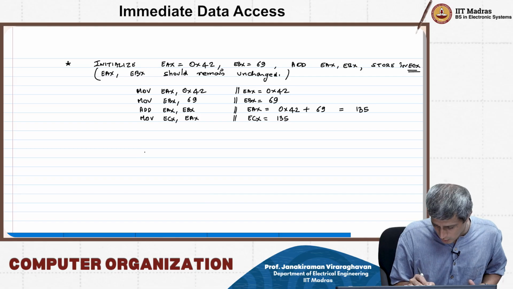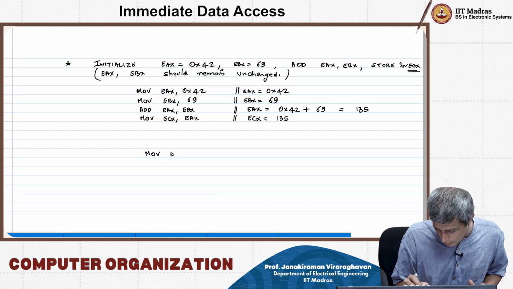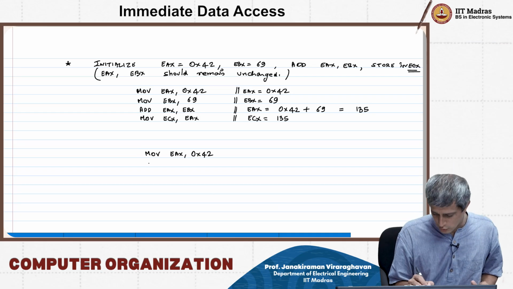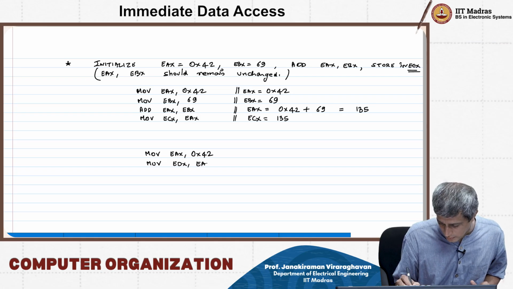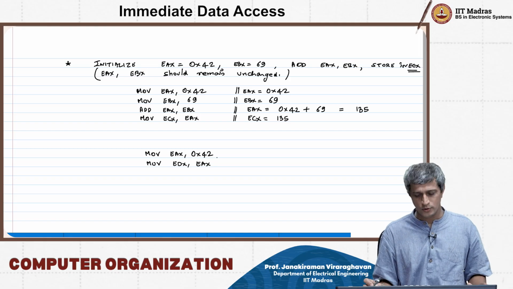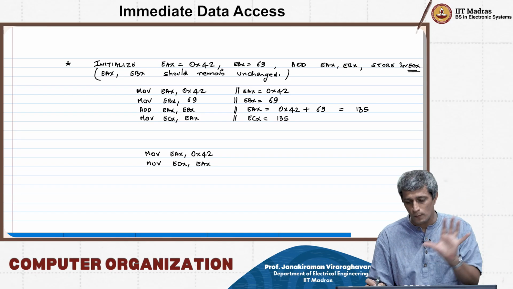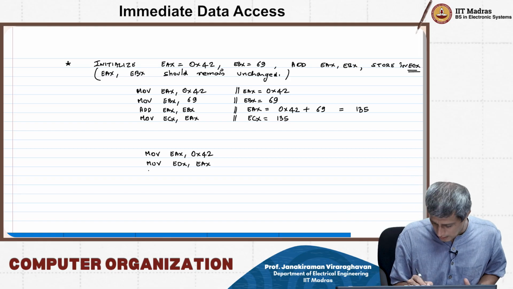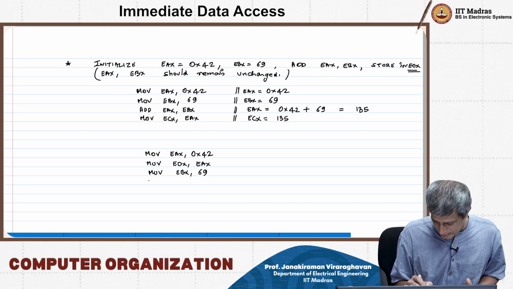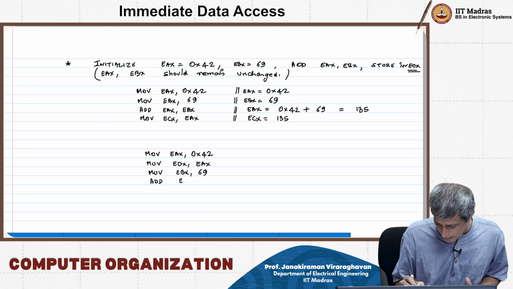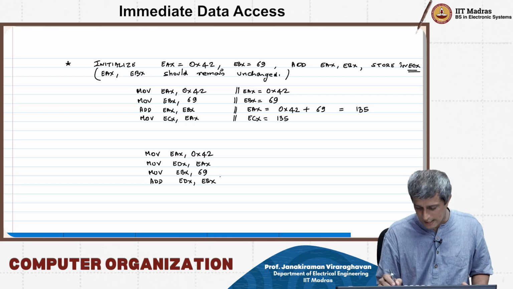Remember that. So I say move EAX comma 0x42. Now I will use another register: move EDX comma EAX. So EAX has the value 0x42 and I have moved that to EDX. Then I do move EBX comma 69, and then I say let us add EDX comma EBX. Now in this case what has happened?